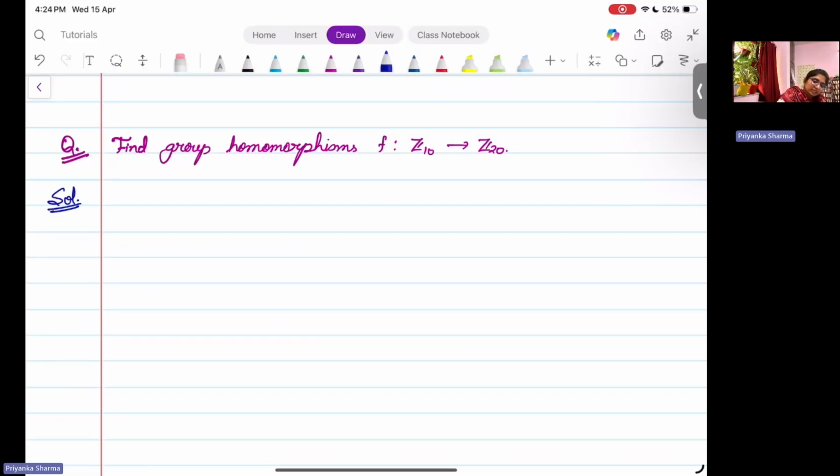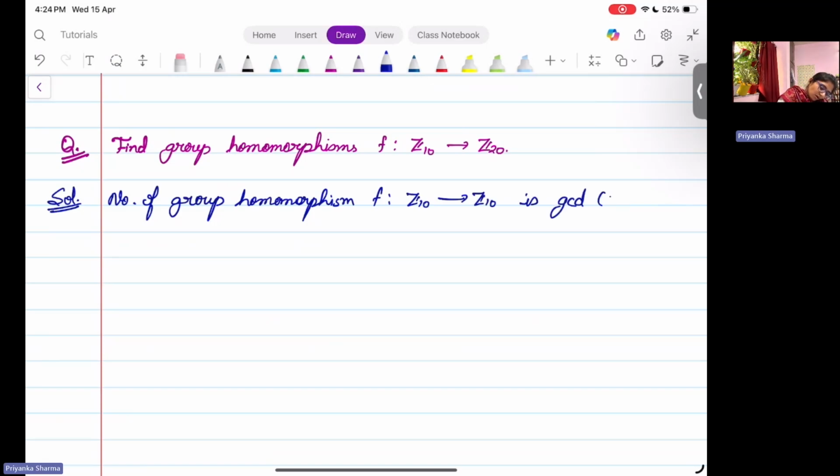So first, what will be the number of group homomorphisms from Z10 to Z20? It is GCD of 10 and 20, which is 10. So yeah, we will have 10 group homomorphisms.